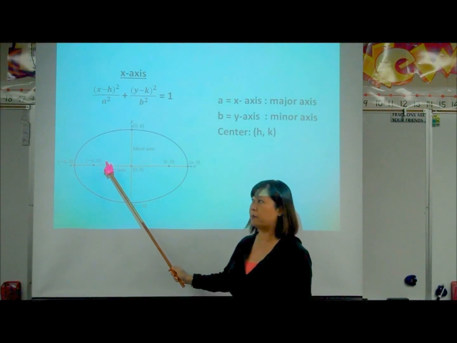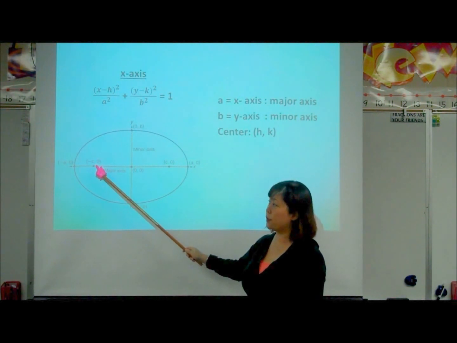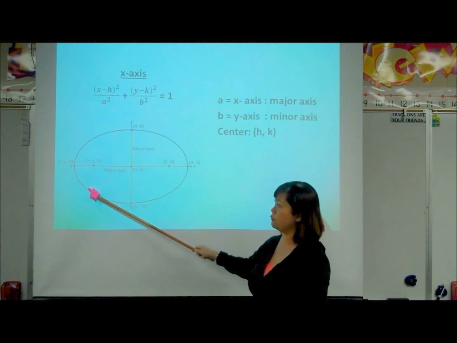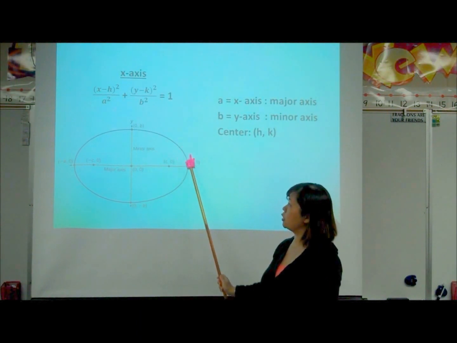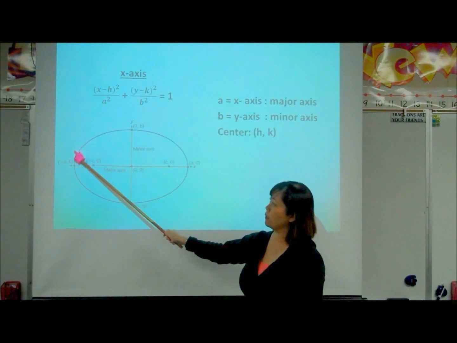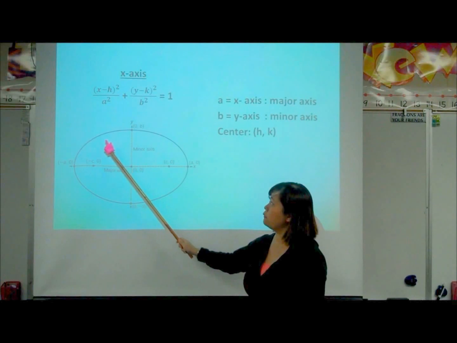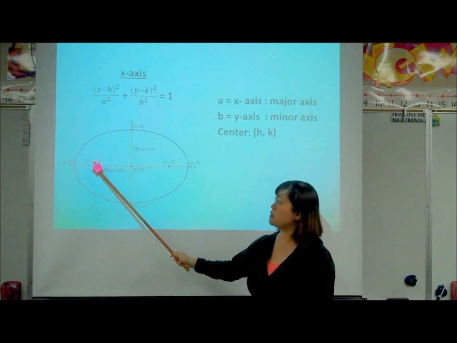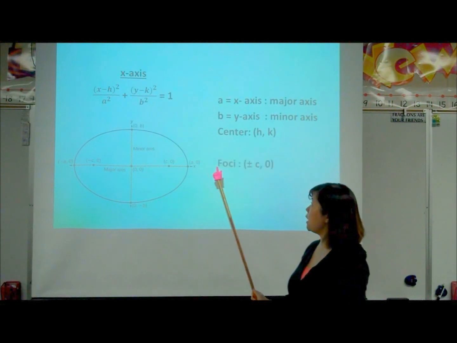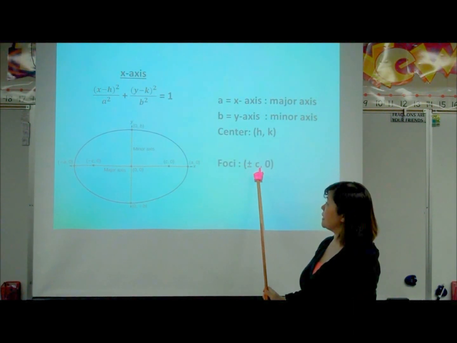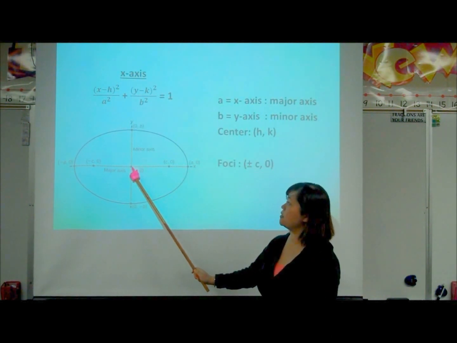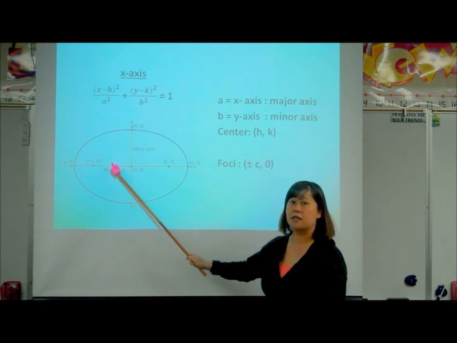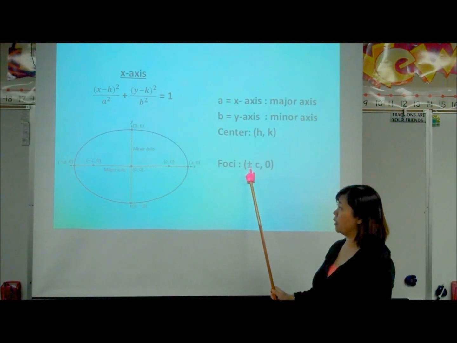So just like the parabola, where we had a focus right there to draw that nice curve, we need it on both ends right here, because this side and this side have a curve that's a little bit different from up here and down here as well. Okay? So that is the foci. The foci then is plus and minus c, comma 0, in this case, because the long side is on the x-axis, so that's why we have it on the c right here.